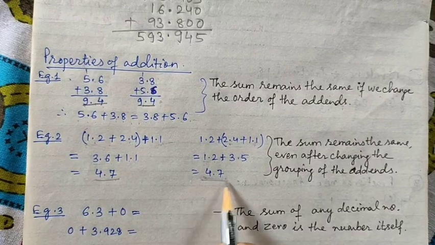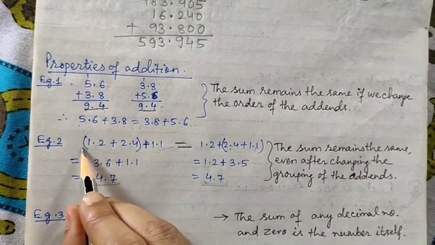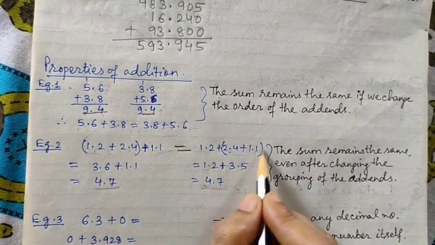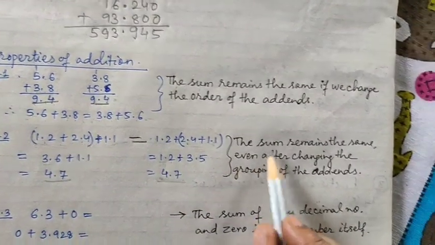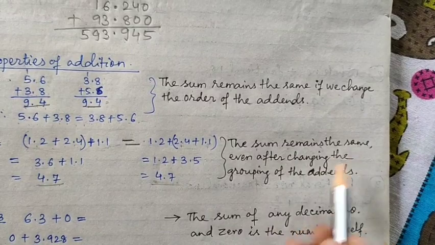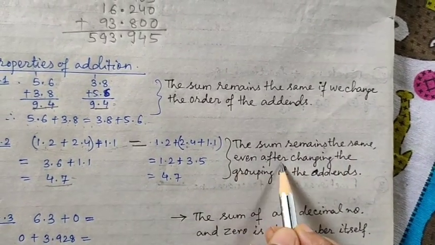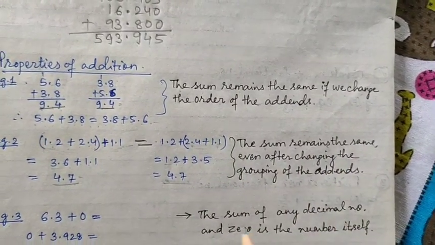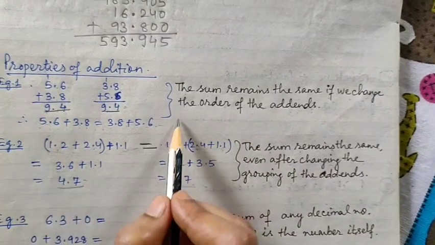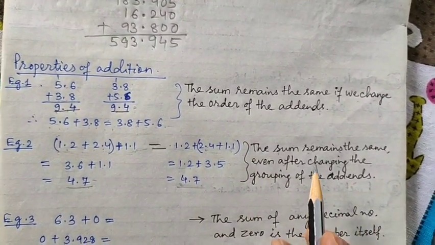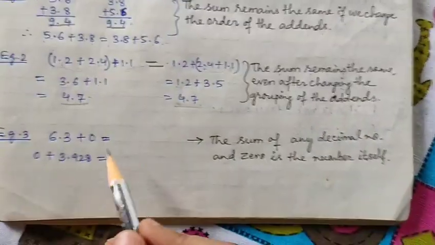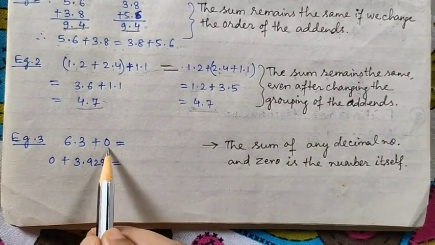So 4.7, 4.7, you can write this is equal to the second expression. Okay, so here the second property is the sum remains the same even after changing the grouping of the addends. यहाँ ऑर्डर चेंज करना था, यहाँ ग्रुपिंग चेंज किए तो भी the sum remains same.